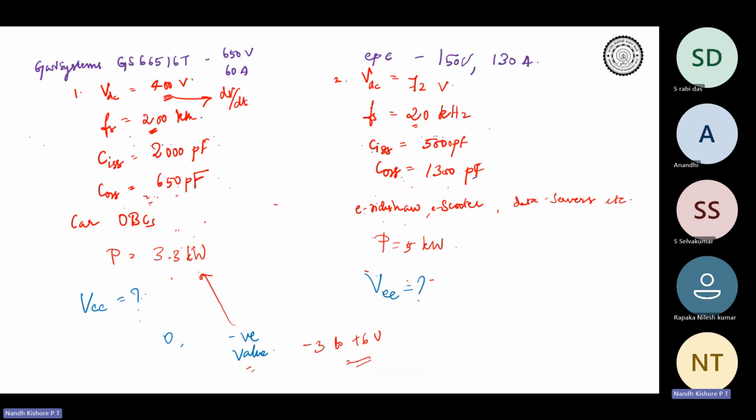This is the part number, GS66508T. This is a 650 volt and 30 ampere device. This is what was used.